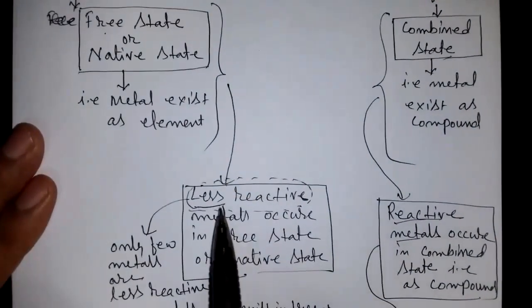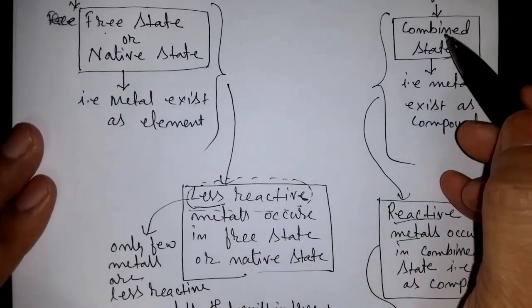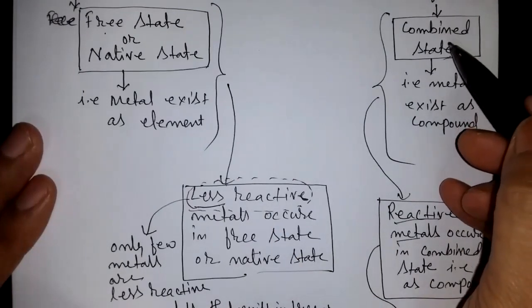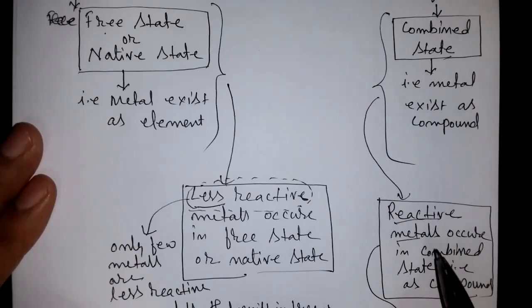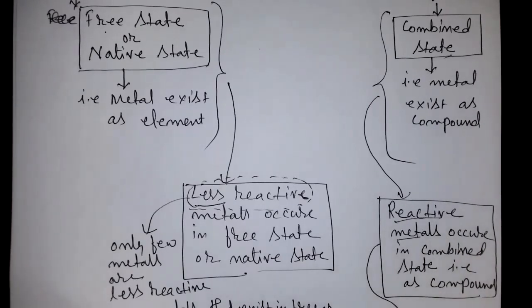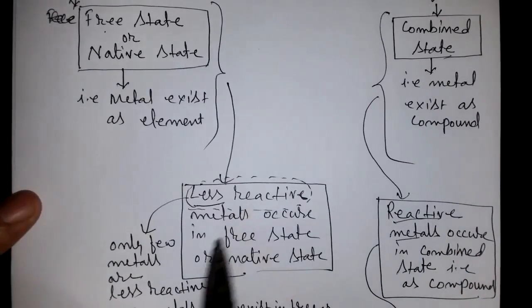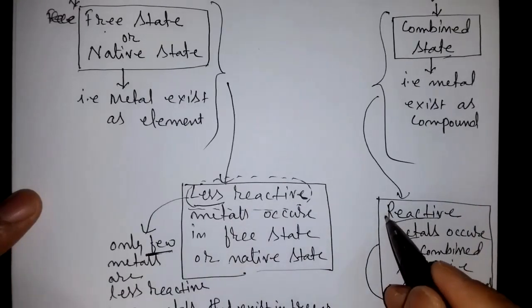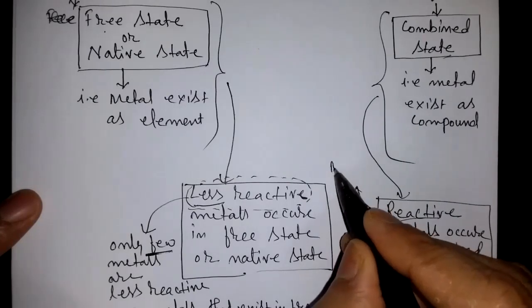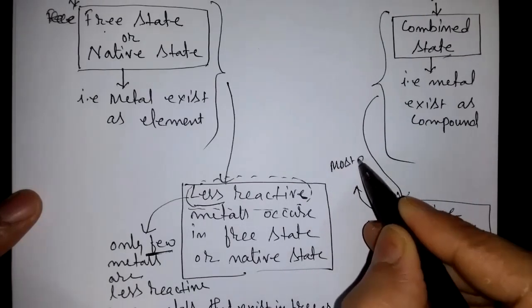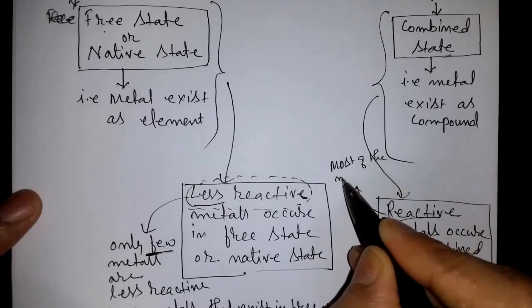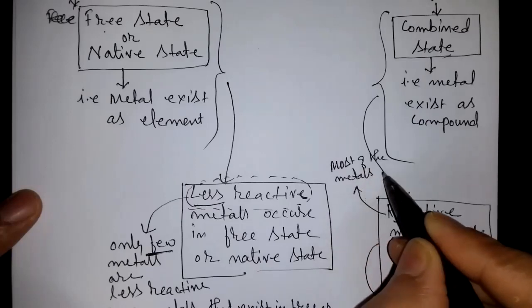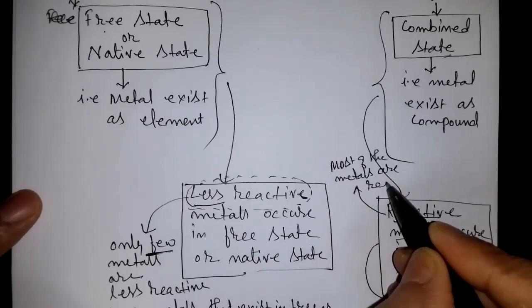The metals which are less reactive. And combined state, what kind of metal can exist in combined state? The metals which are reactive or more reactive, you can say. Now, less reactive metals are only few, and most of the metals are reactive.